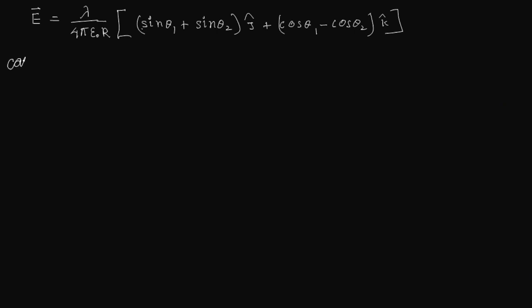Case 1, for an infinitely long wire. If the length of this wire is infinitely long, then what will be the electric field at point P, which is at a perpendicular distance r from the wire?